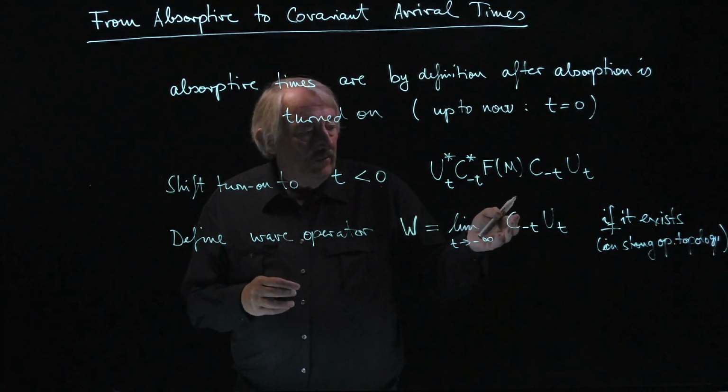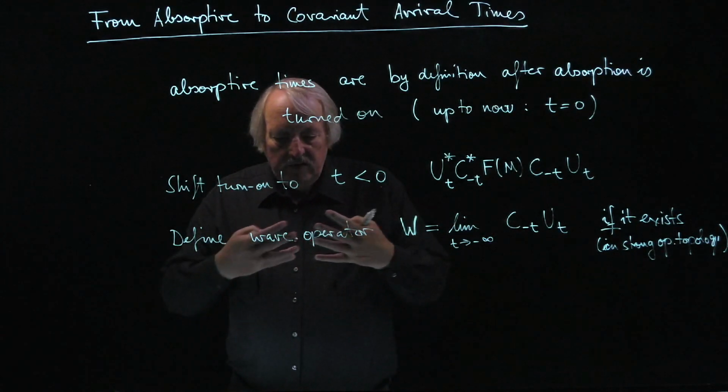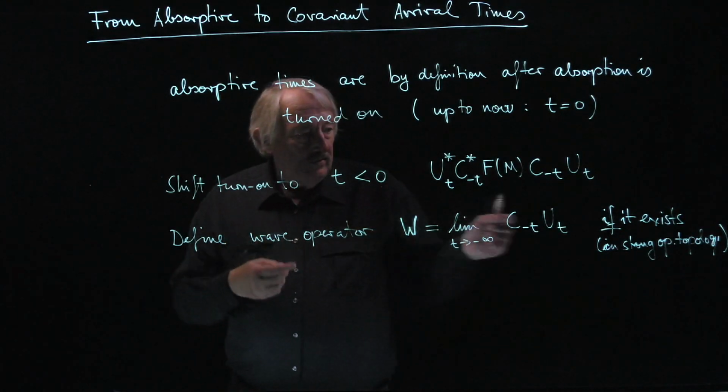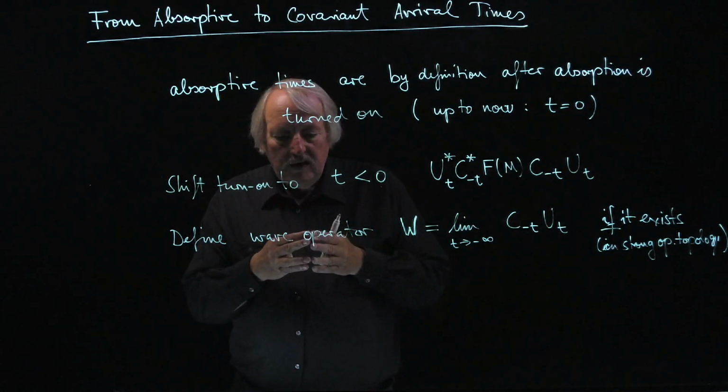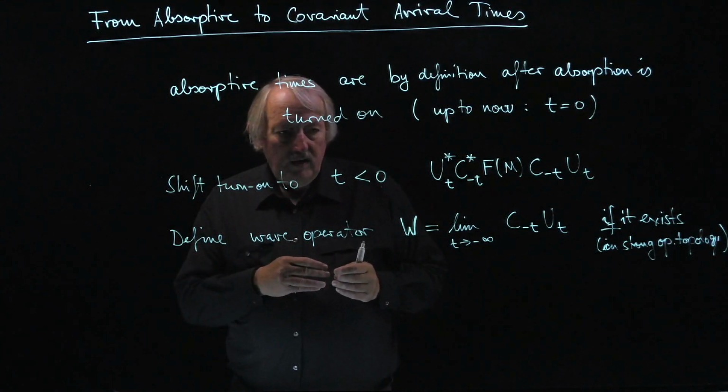So there you would have not a contractive, but just another time evolution, and this maps. So if this exists, it tells you that asymptotically these move similarly, right?